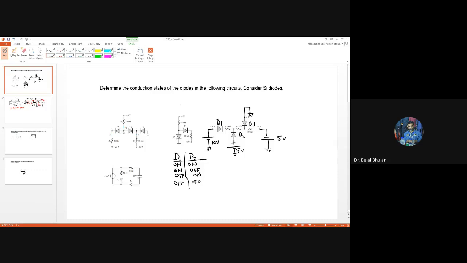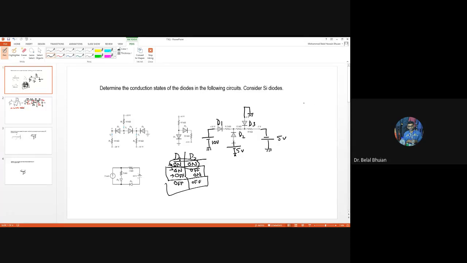So these are the possible conduction states before you start doing the calculation. You can do this one or this one or this one, but I deliberately avoided these two. I only went for this.